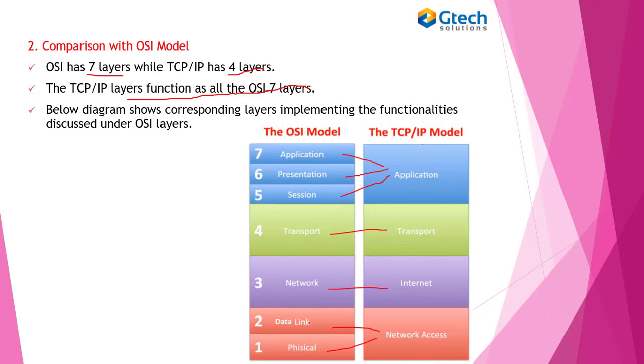Then the data link layer and the physical layer of OSI model function the same as the network access layer of TCP IP model. I hope you understand the various layers of OSI model and TCP IP model and how they function, and the various devices found at every layer, protocols and data type.